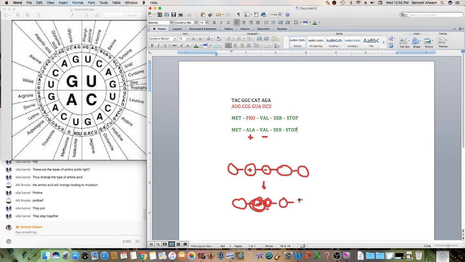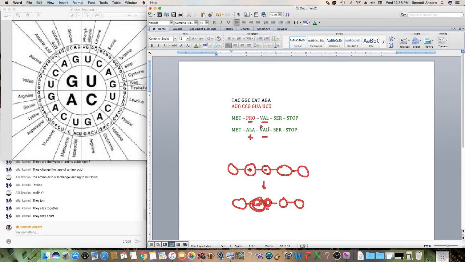But let's pretend that proline, this change here, this new amino acid, has a negative charge. What does that do to our polypeptide? How do negative things react to other negative things? They don't like each other.